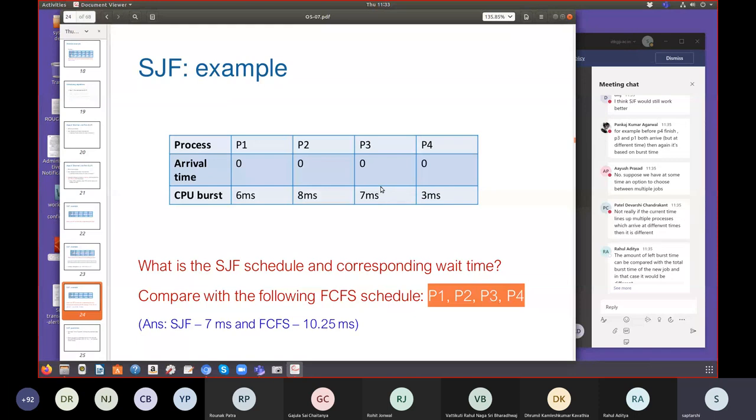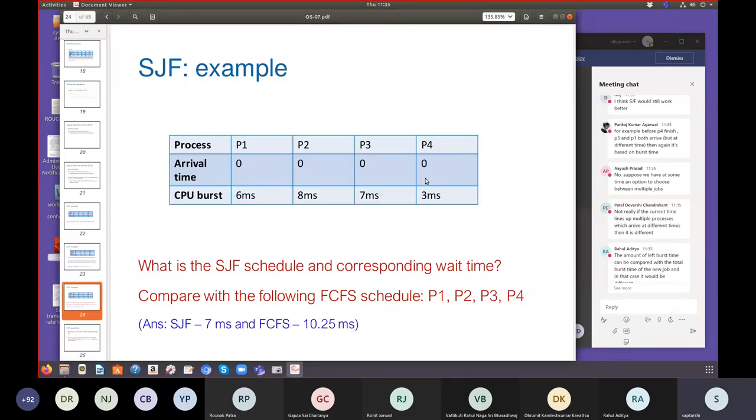Suppose P1, P2, P3, P4 come at slightly different times. We don't need to go for that much complexity. Let me reword myself.